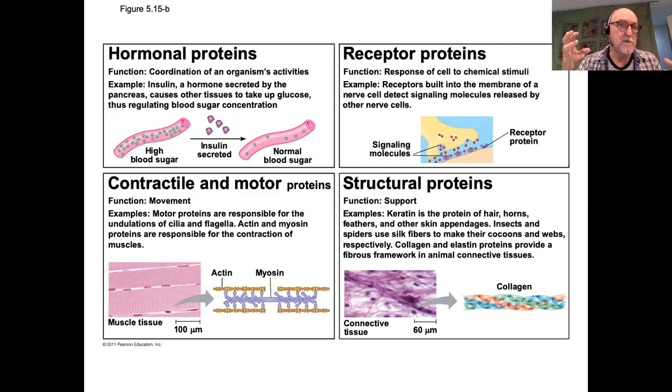For example, the bones are not just non-living solid blocks of some substance. Calcium phosphate is what makes bones hard and rigid, but that calcium phosphate is embedded in a protein matrix. Bone is actually a living tissue, and its foundation is living protein, into which the calcium phosphate that gives bones its rigidity is embedded. So there's an example of structural protein.